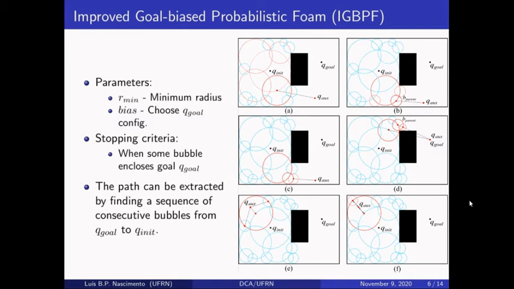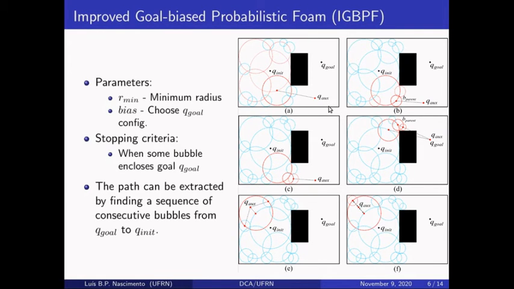In this paper, we proposed a variant of the GBPF, the improved goal-based probabilistic foam, the IGBPF. This method presents another way to choose the parent bubble, and it has the same two parameters. As with GBPF, for each iteration, a random configuration QAUX is sampled on the free space.